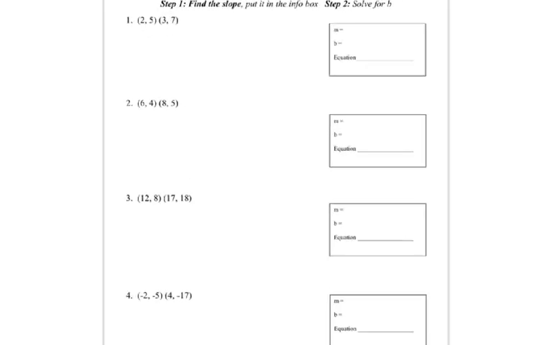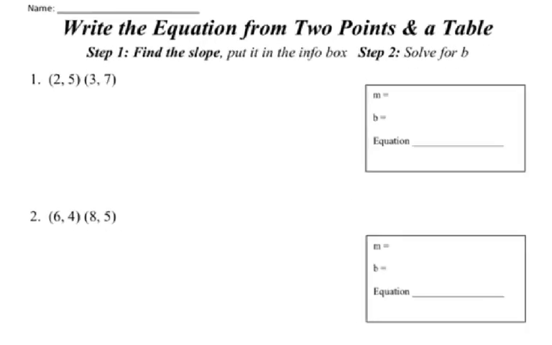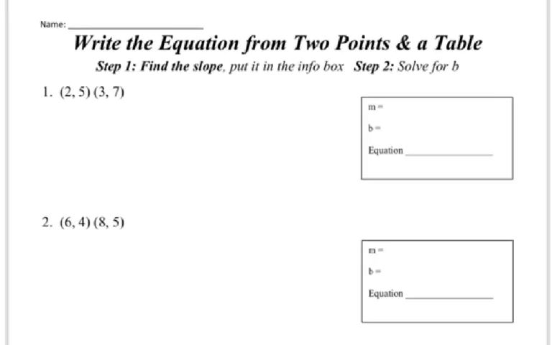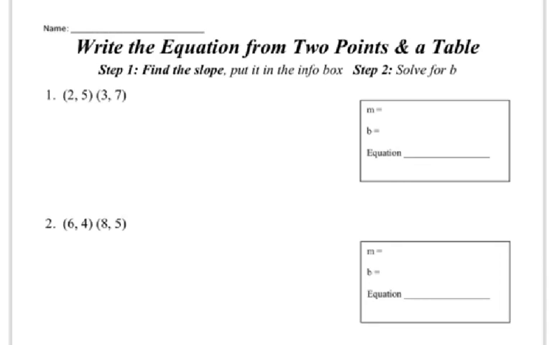Okay, when you're ready, let's flip over to our next question. It's a little blurry, but we'll make it work. So this time we are going to write the equation from 2 points, and then on the last table we're going to write the equation from a table.